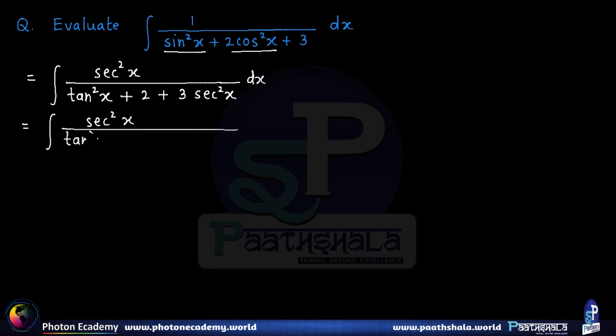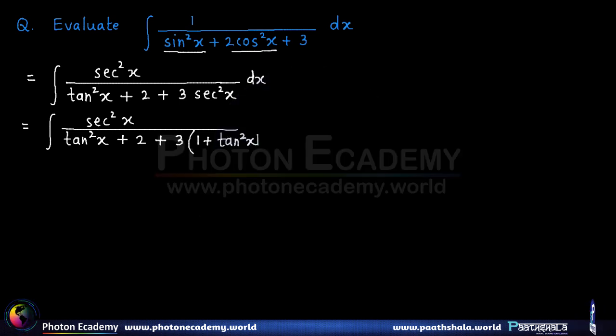tan square x plus 2 plus 3 into, now this sec square x can be broken as 1 plus tan square x, as we know. So if you see in the denominator, now we are going to get a quadratic expression in tan x. Right.